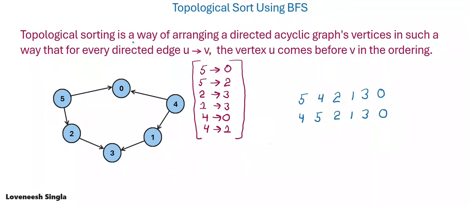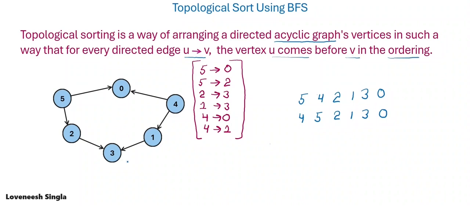Topological sorting is a way of arranging a directed acyclic graph. I will explain why it is acyclic. So, topological sorting is a way of arranging a directed acyclic graph's vertices in such a way that for every directed edge from U to V, the vertex U comes before V in the ordering.